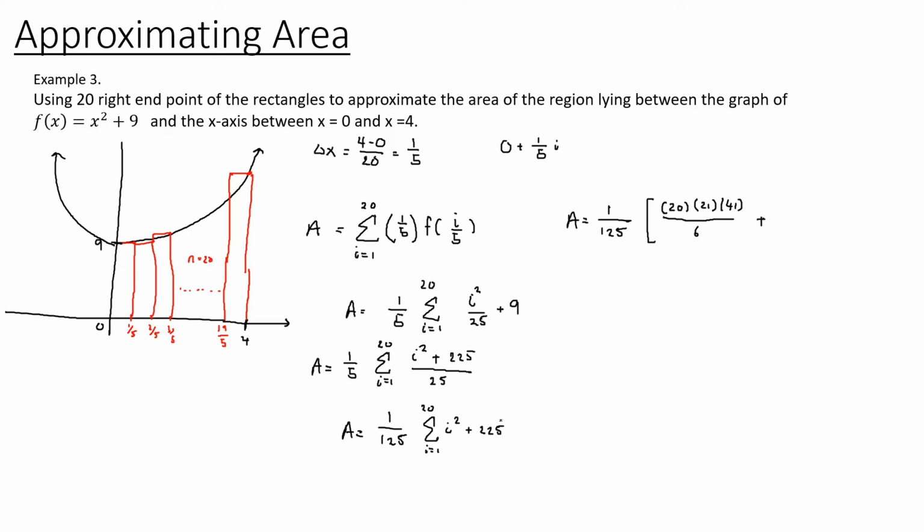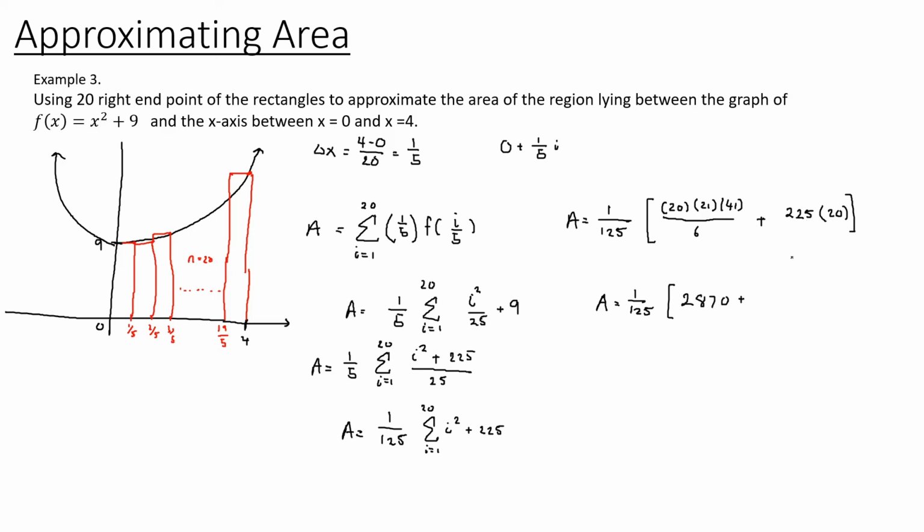For the constant, it is the constant times your n. Now, if you multiply 20 times 21 times 41 over 6, you should end up with 2,870.